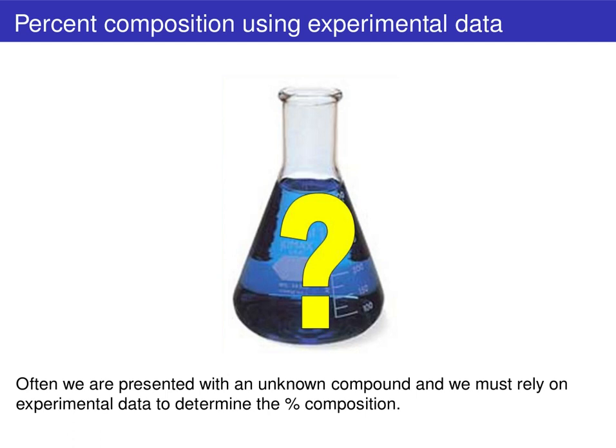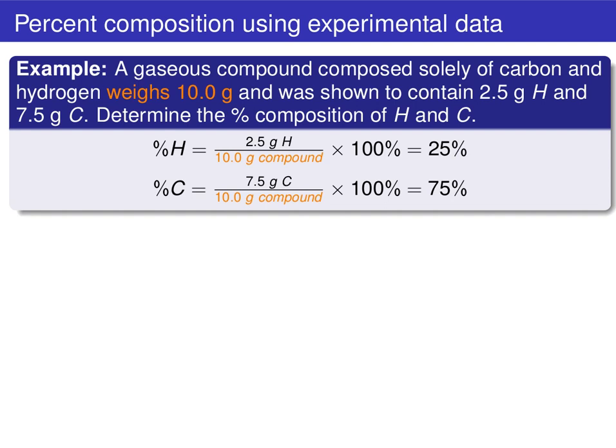Of course, we're going to rely on experimental data in order to do this, and specifically, the type of data that we're going to get is a breakdown of the relative mass contribution for each one of those elements. So experimentally, you break the compound apart into its individual elemental components, determine the mass of each one of those components, and then use that information to determine the percent composition.